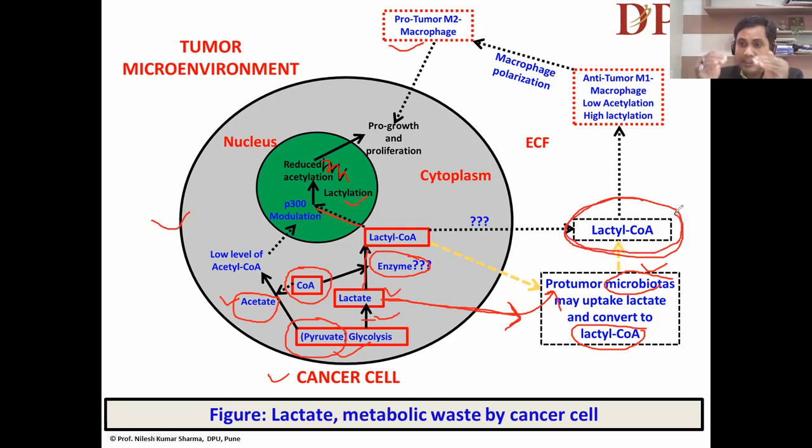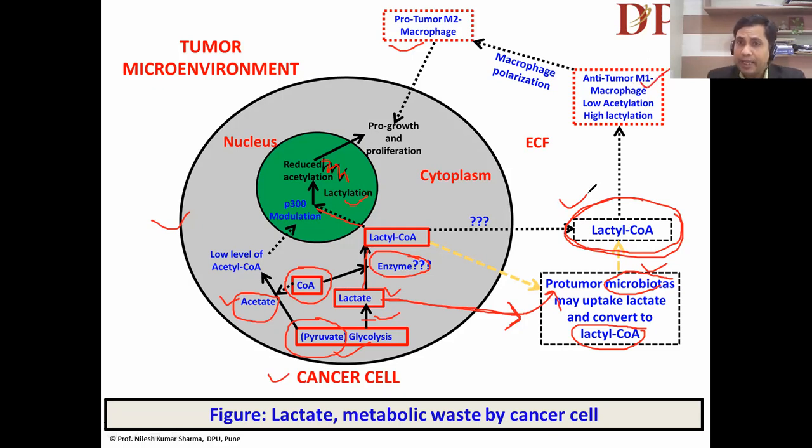Once the level reaches a certain extent, this lactyl CoA may have some pro-tumor activities. And what the pro-tumor activities are is suggested in this way. This pool of lactyl CoA may be received by anti-tumor, that is M1, macrophages. Look at here.